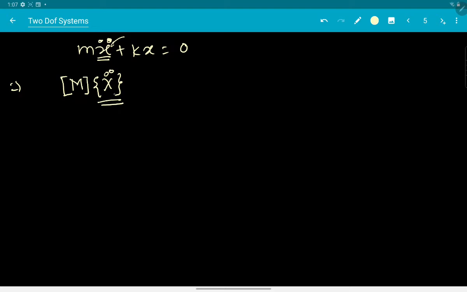Here you have a vector which has two acceleration entities, x1 double dot and x2 double dot. Similarly, you have a stiffness matrix, then a displacement vector, and here you have externally applied forces which are 0. We don't have any externally applied force, that's why it is 0.